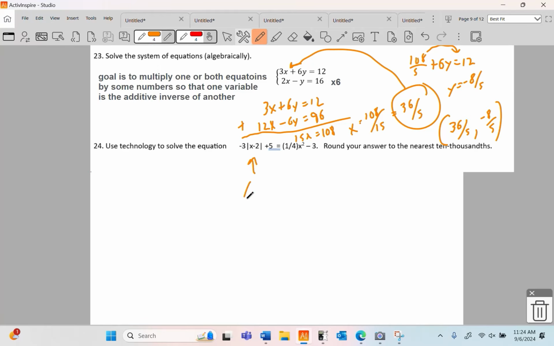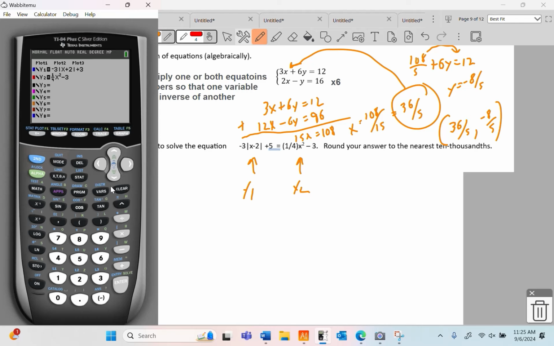This is Y1, and this is going to be Y2. If you don't have a calculator, the librarian will be happy to give you one. She'll even change the batteries for you when the batteries die. I've evidently been typing on this one earlier. So I went to y equals. I should probably walk you through that.